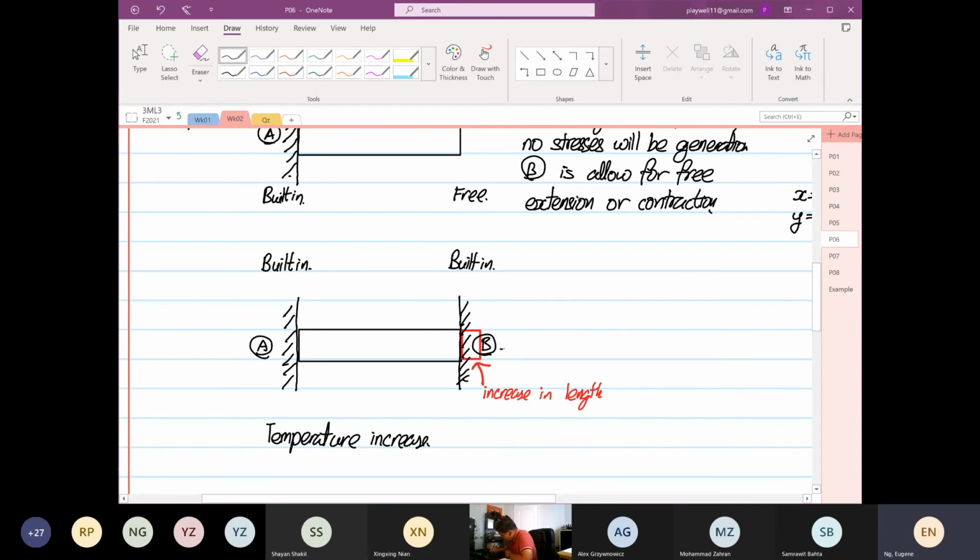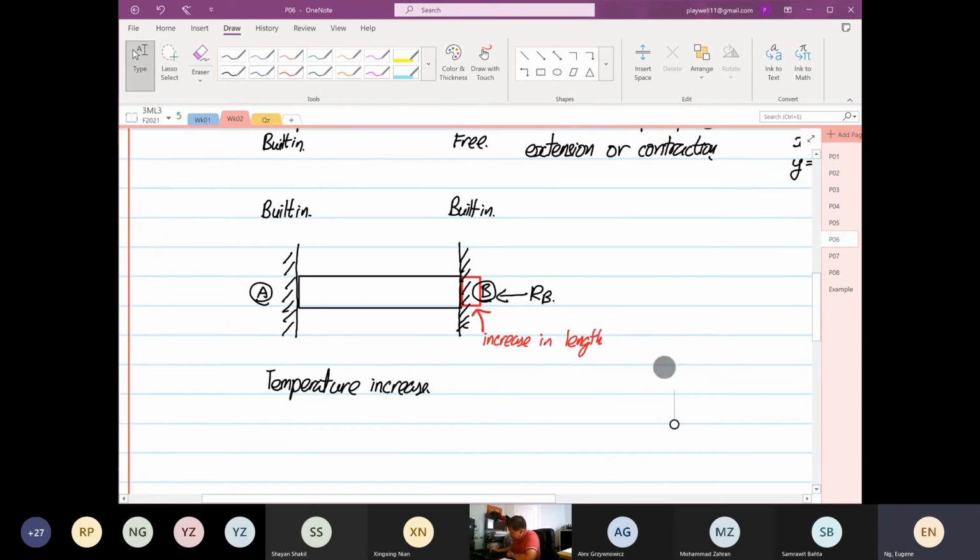So to prevent it from moving, RB will be pushing it back. So RB, what you see down here, RB will generate a compressive stress. You can see now, right?